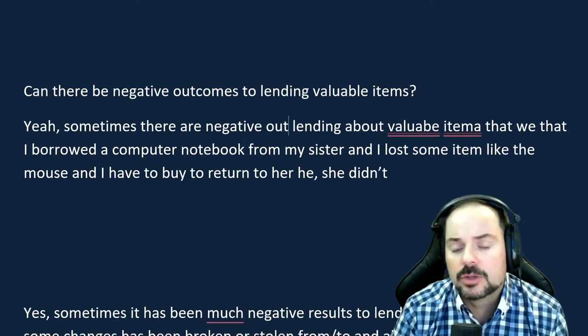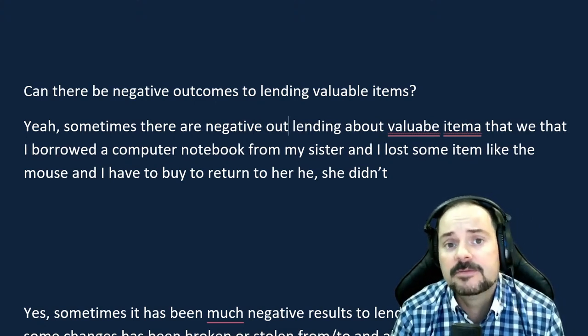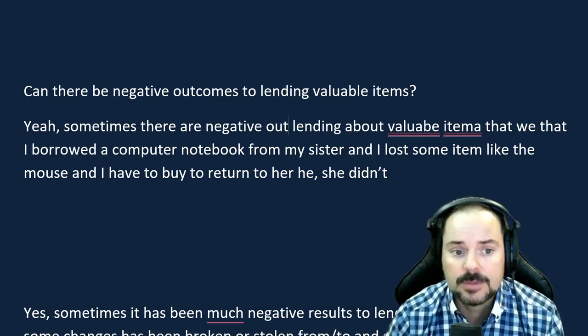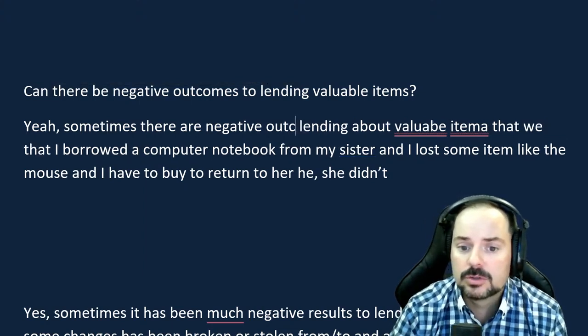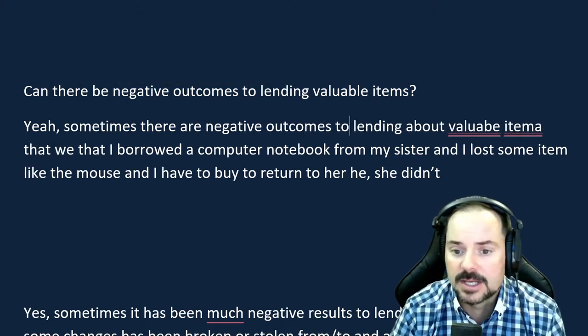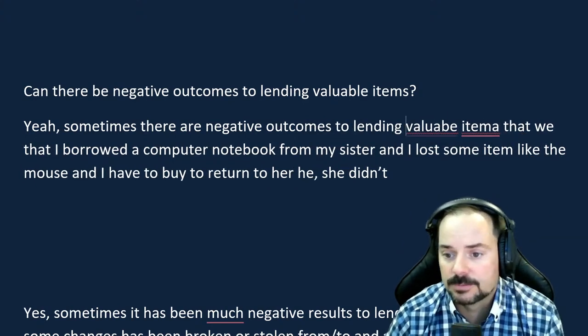I think you realize, Sunantha, that using the question is a good idea, and this is very important for you. Okay, use the question, use it directly. Yeah, sometimes there are negative outcomes to lending valuable items. Okay, just use the full question.